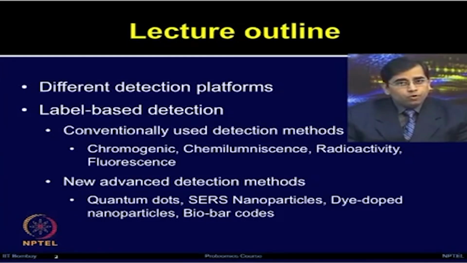We will focus more on label based detection techniques, although for detection there are various types of label free approaches also available, but those will be discussed separately. So, for label based detection, there are several conventionally used systems such as chemiluminescence, chromogenic based detections, radioactivity and fluorescence, which is most commonly and widely used.